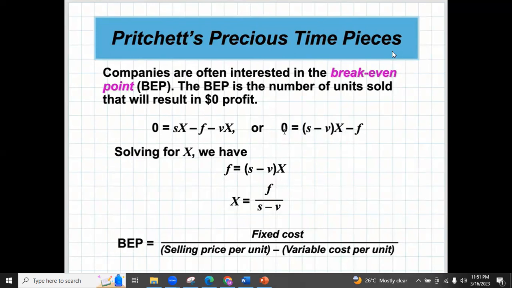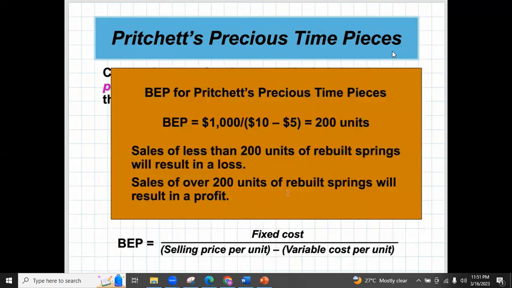When the profit is 0, that's called a break even, and you get this equation: you add F to both sides, then divide by S minus V, and here you have that equation. So in this problem, he has to sell 200 units to break even. Anything less than 200 units will result in a loss. Anything over 200 units will result in a profit. That's wonderful.